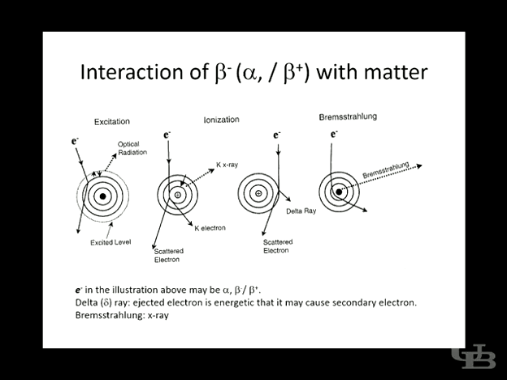When a charged particle approaches an atom, most of the time, because most of the space is occupied by electrons, it will mostly interact with electrons. If the incoming electron passes a small fraction of its energy to an orbital electron and elevates it to a higher level, this is called excitation.